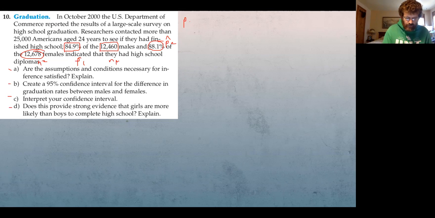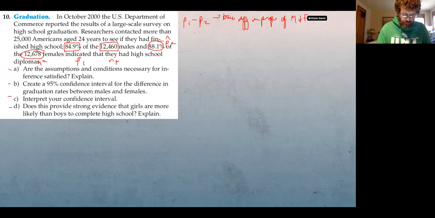So p1 minus p2 is the parameter that we're trying to estimate. With this, we're going to say that it is the true difference in proportions of male and female graduation rate.